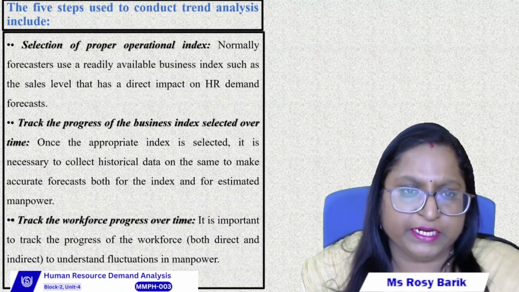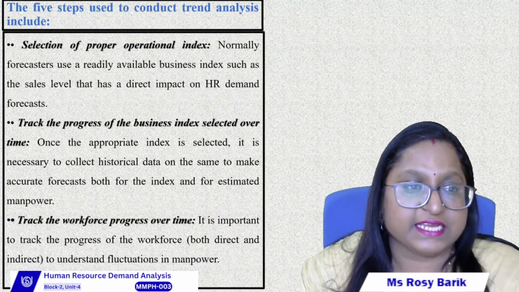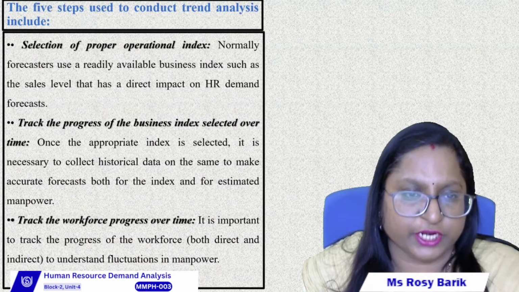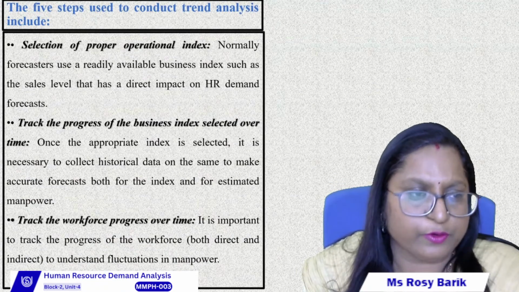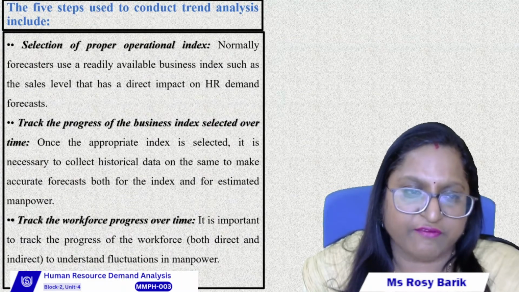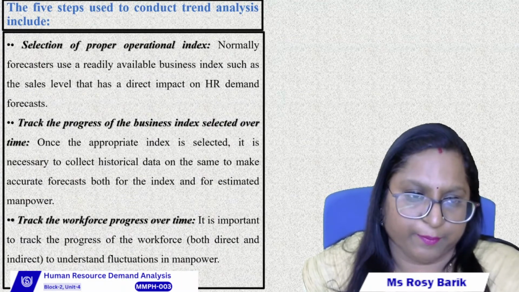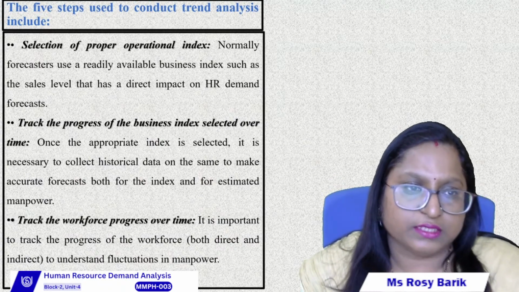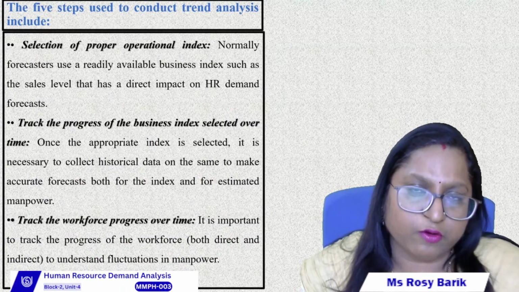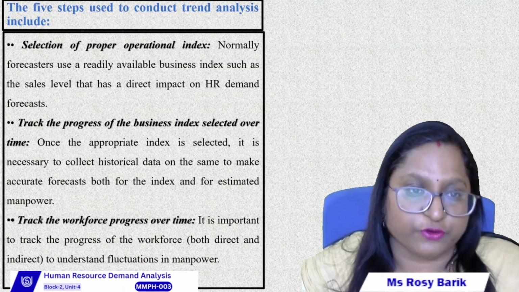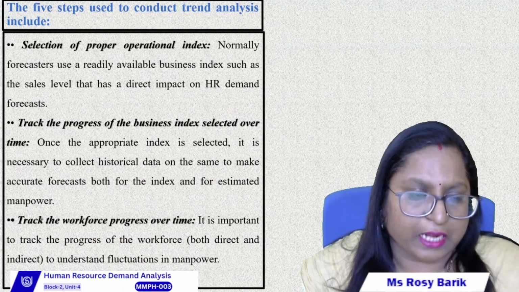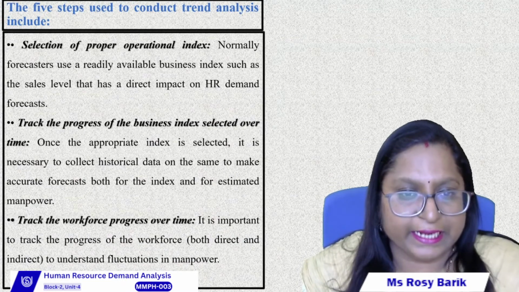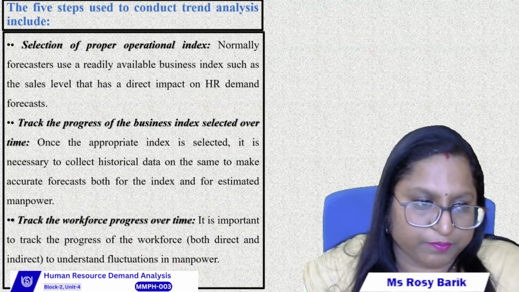Once the appropriate index is selected, it is necessary to collect the historical data on the same to make an accurate forecast, both for the index and for the estimated manpower. So first of all, we have to find out the appropriate index. Then only we can find the historical data to calculate or forecast the index or estimated manpower.